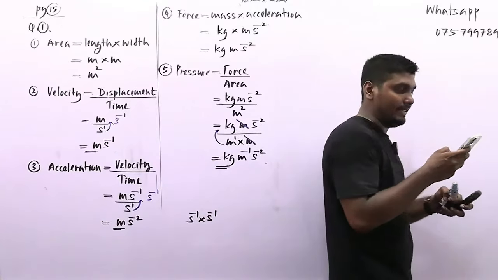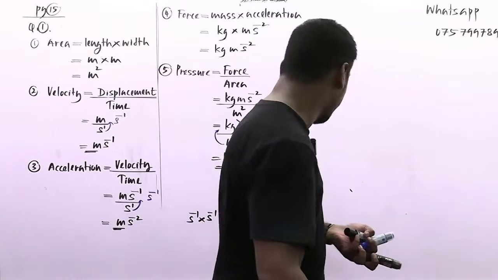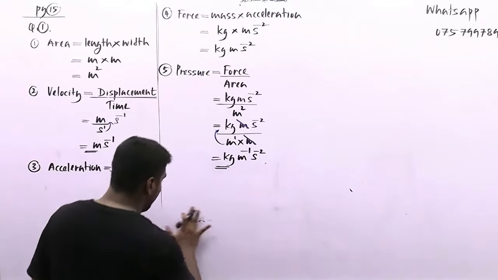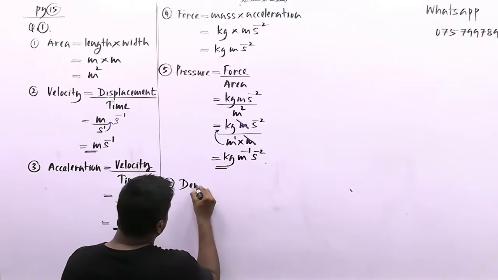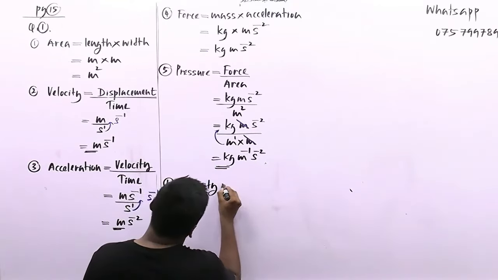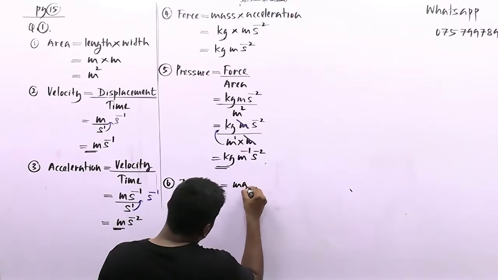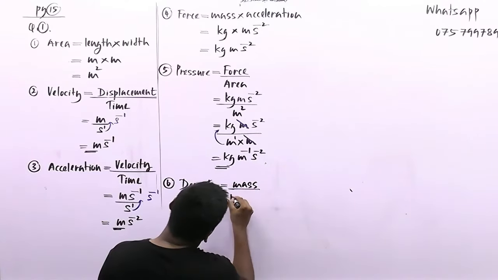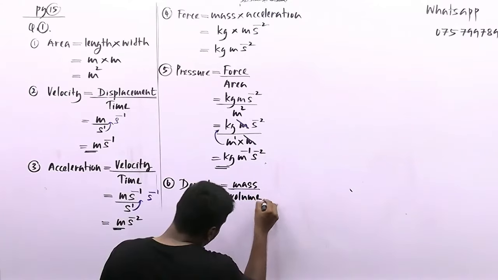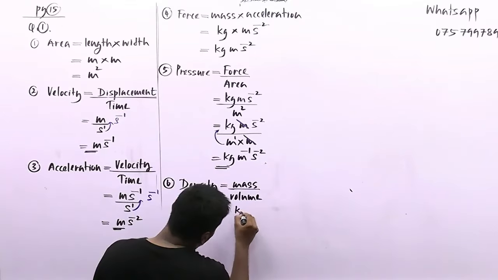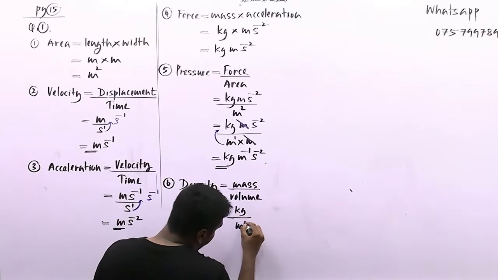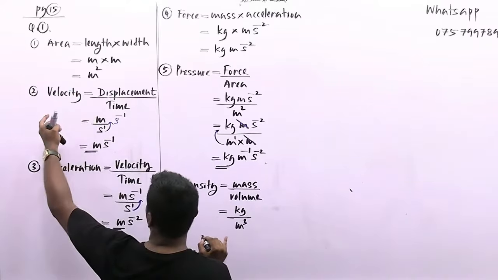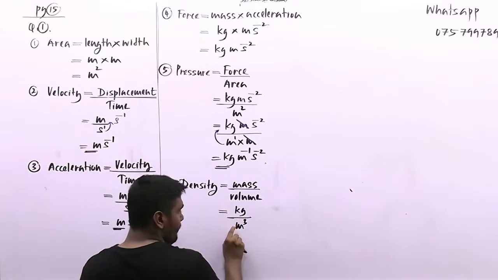Question number 6, density. Density equals mass over volume. The SI unit of mass is kg, kilograms, over the SI unit of volume, which is meter cubed. Volume we already learned.